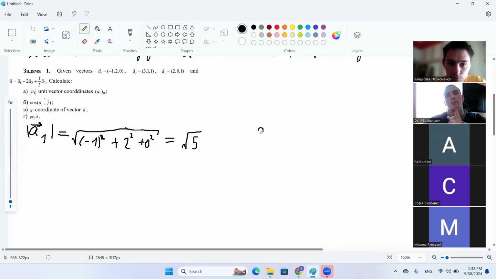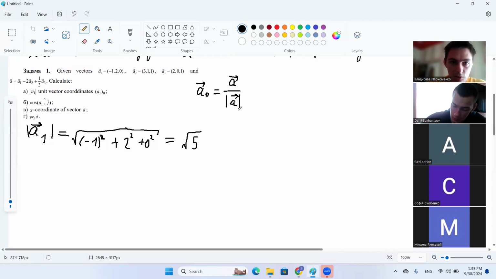Coordinate divided by the module of the vector. So the formula is the next. A0 will be evaluated in the next way: the vector A, the initial vector, is divided by its magnitude. So each coordinate.